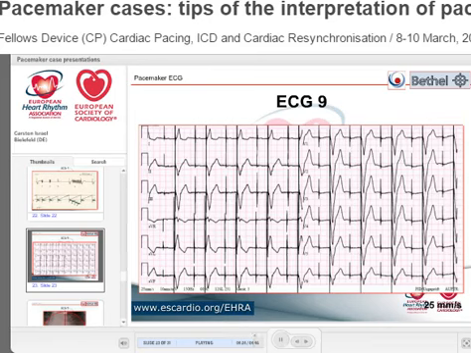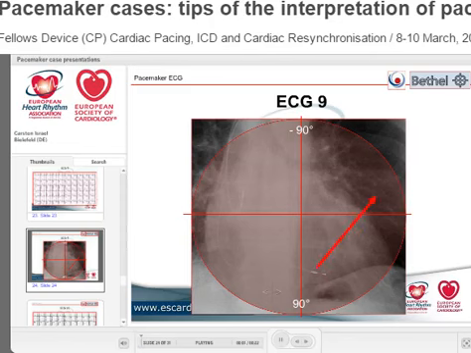So if 2 and 3 are negative, it means the heart is stimulated from down to up, okay? So from apex to base, right? Whenever 2 and 3 are negative, it must be apical. So, RV apical lead. Very simple thing, but I think it's important to know this.